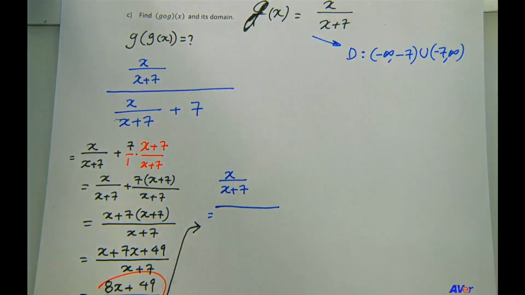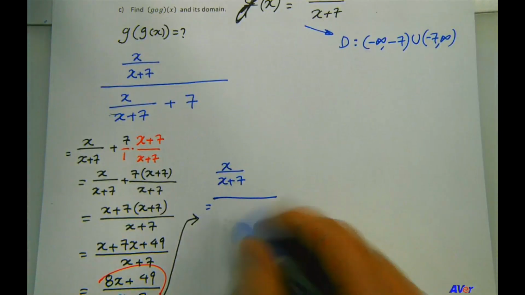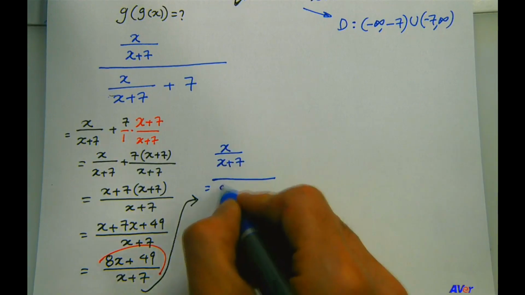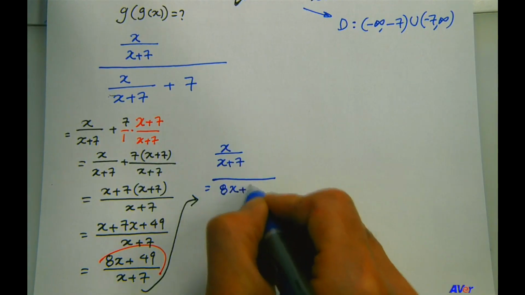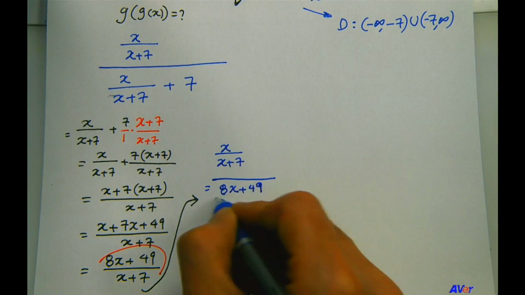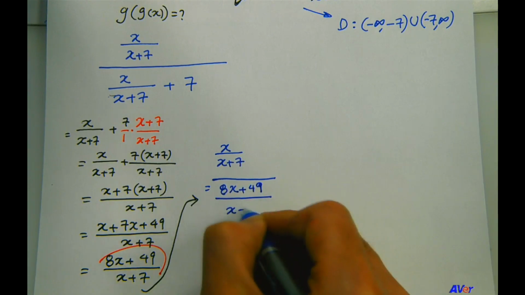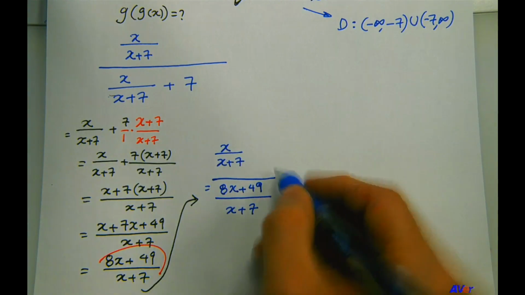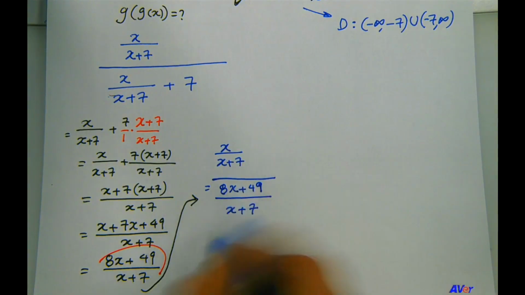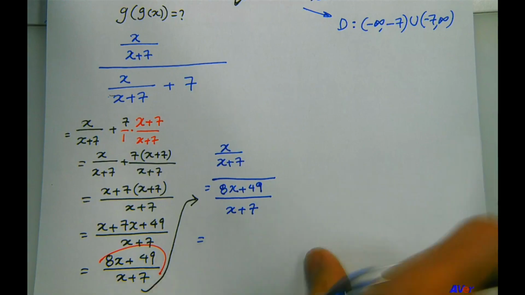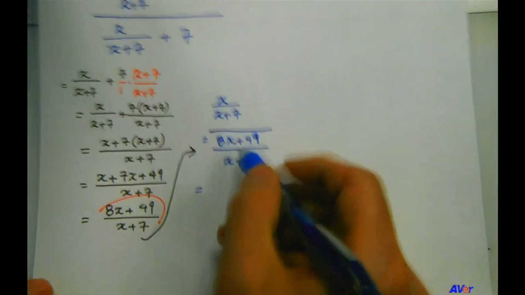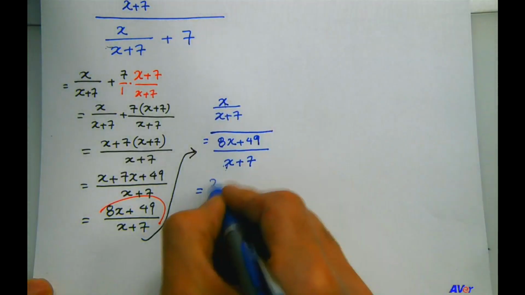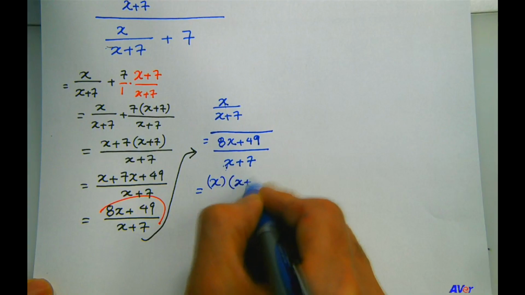So we have 8x plus 49 over x plus 7. Okay, so just the way I explained before, to simplify the complex fraction, take the product of the terms that are farthest away from each other and put them in the numerator.